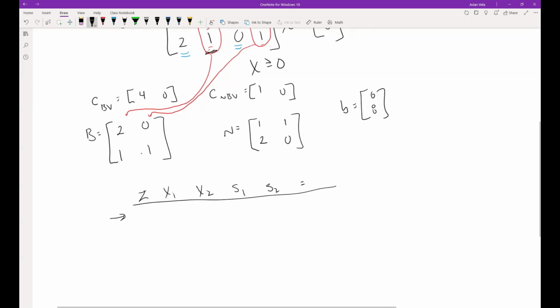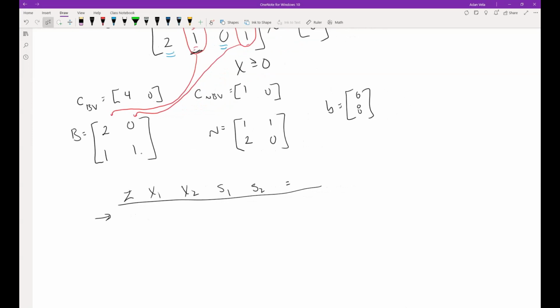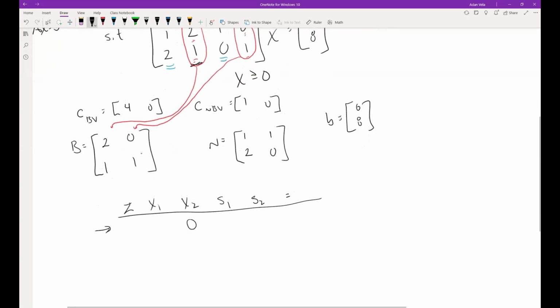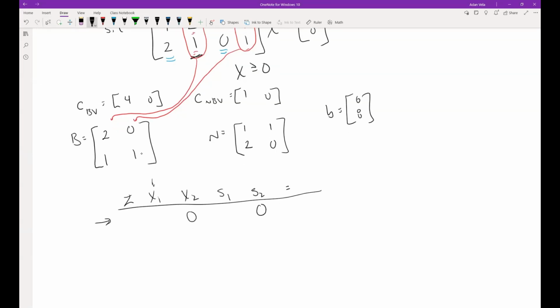So the question is, what is row 0? Well, in row 0, we know x2 and s2 are basic variables, so they're going to have zeros in them. The question becomes, what is in the row for x1 and s1?